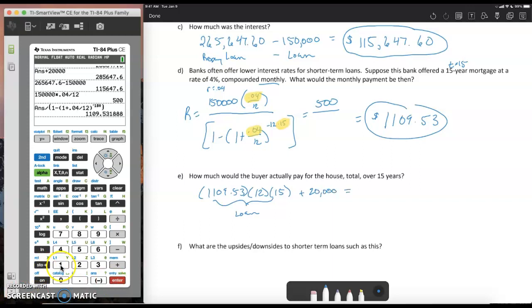So let's see, 1,109.53 times, and again, that 12 times 15 is 180, which we already had discussed. So for the loan, it's $199,715.40 plus 20,000.